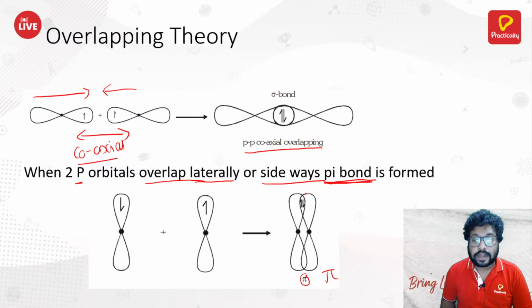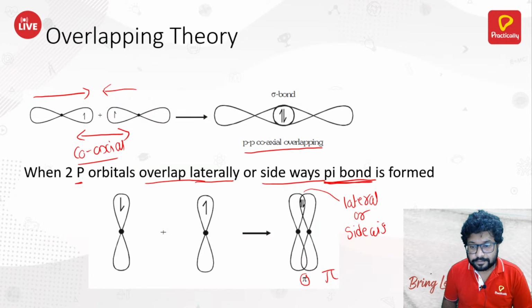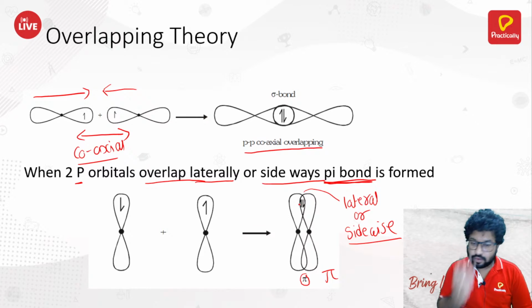And this overlap is what? This is our lateral or sidewise overlap. And this always gives you a pi bond. And you can see here the extent of overlapping.